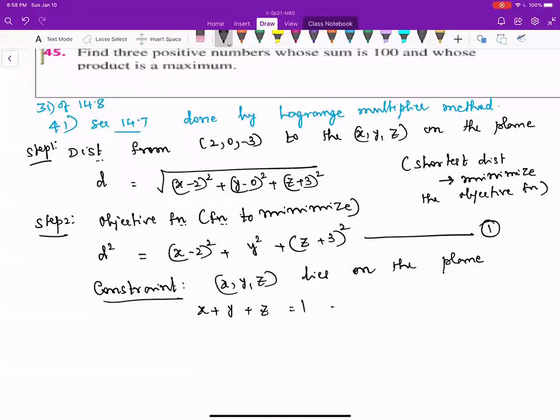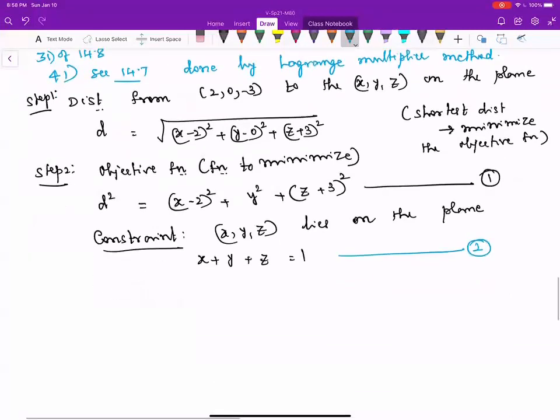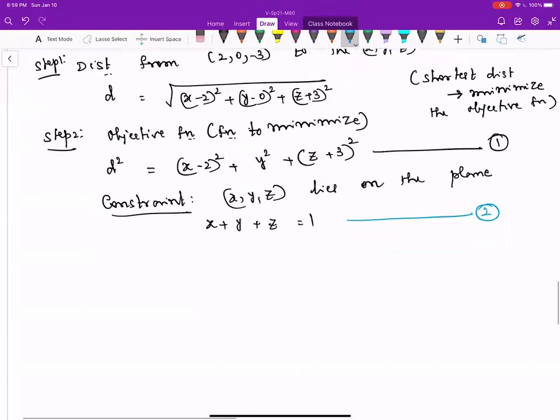So this is the constraint. We'll call this one 2. So you know the objective function now, and you know the constraint. Now we are going to apply the Lagrange multiplier method.